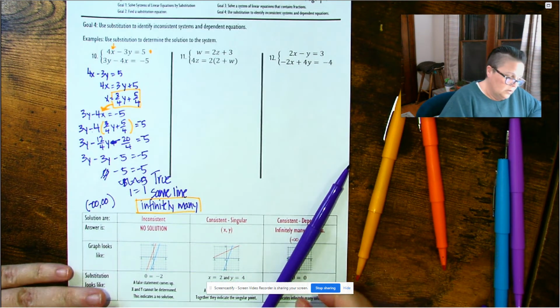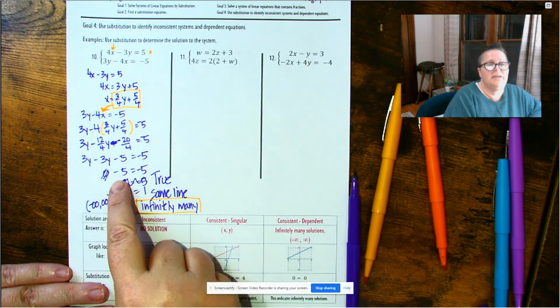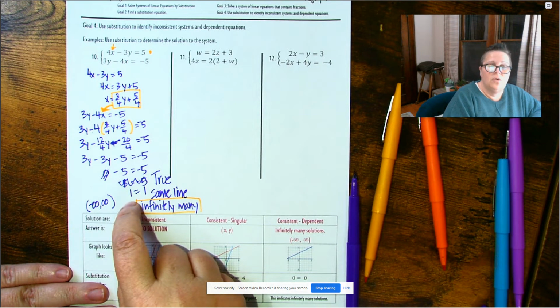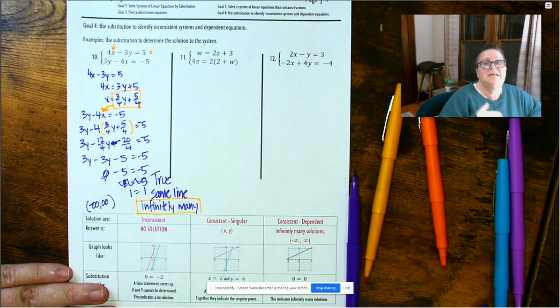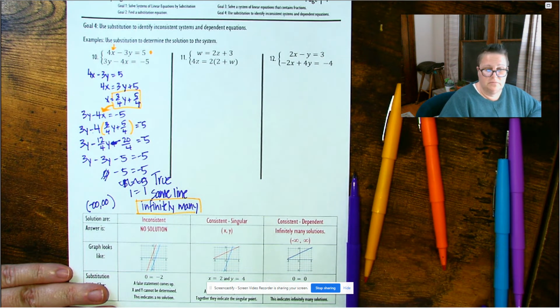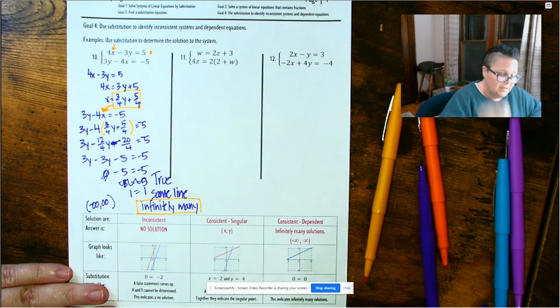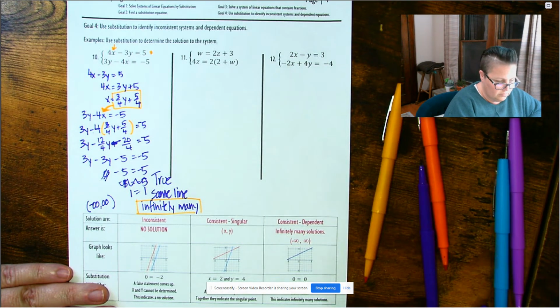Okay? Note that this occurs when you get a true statement, such as negative 5 is equal to negative 5, 1 is equal to 1, 0 is equal to 0. That's when you know you have a consistent solution. You have a consistent system with a dependent solution. Okay? There are infinitely many solutions because the solutions of one line depend upon the solutions of the other.